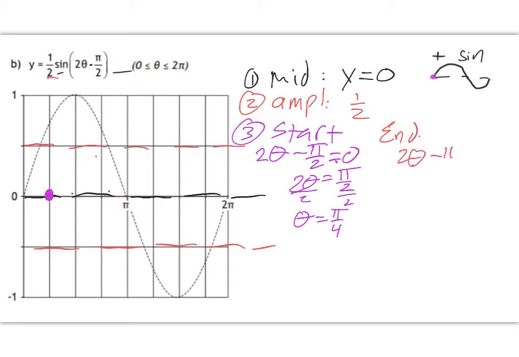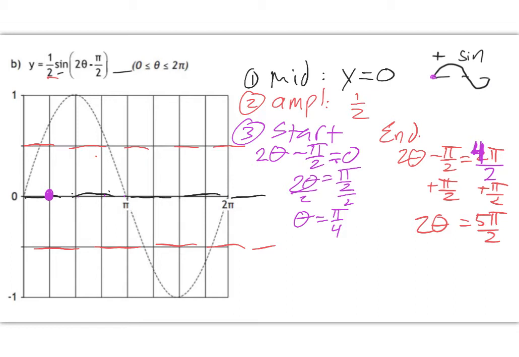For the ending point, same thing. 2 theta minus pi over 2 is equal to 2 pi. Again, 2 pi, I'm going to write in terms of pi over 2 because I'm going to have to add that in a second. And 2 pi is the same as 4 pi divided by 2. That's just getting me a common denominator ahead of time so that when I add pi over 2 to both sides, we end up with 2 theta is equal to 5 pi over 2.